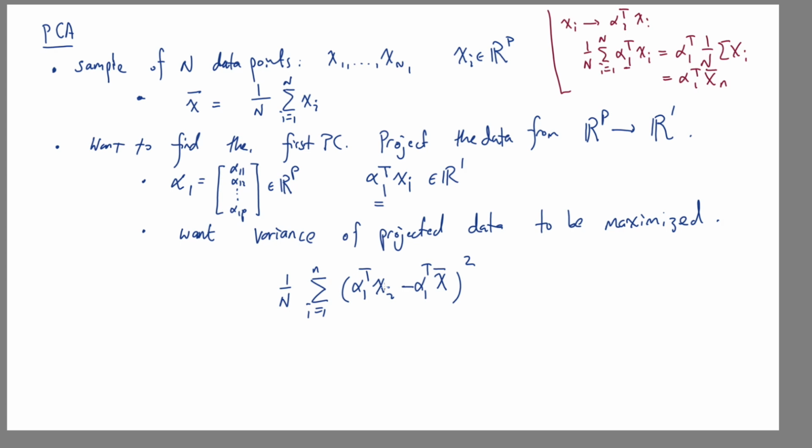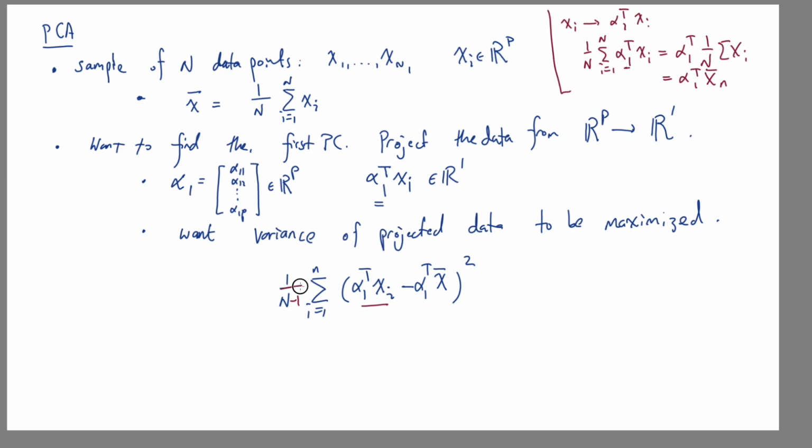Okay, so here, when we're looking at the variance of the projected points, we look at each point. Each point now is alpha 1 transpose xi, minus the mean of all the points, which is alpha 1 transpose x bar. And we square it just like in the previous case, sorry, this should be n minus 1.